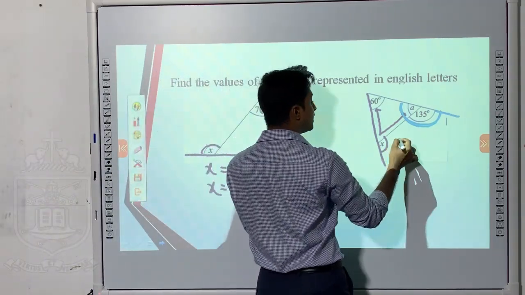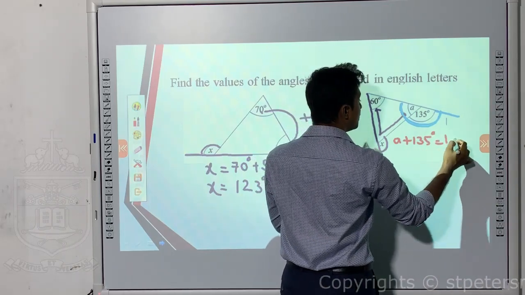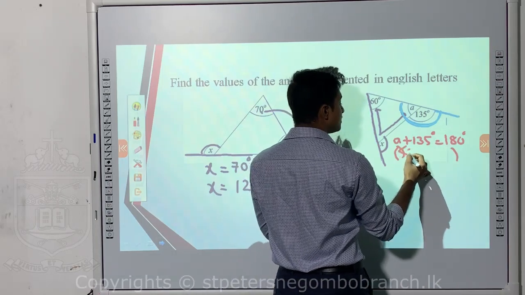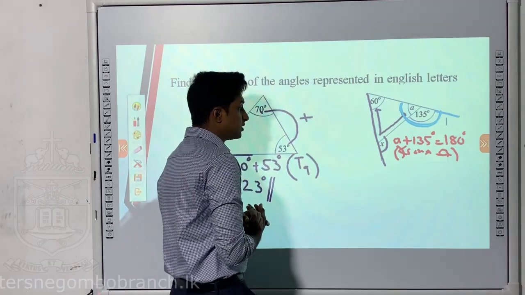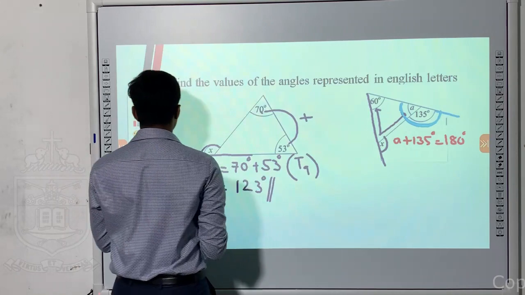So A plus 135 is equal to 180. Why? Because angles on a straight line. That's badly written, but I will write it properly for you.